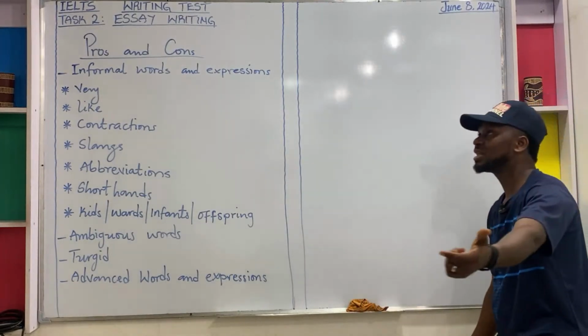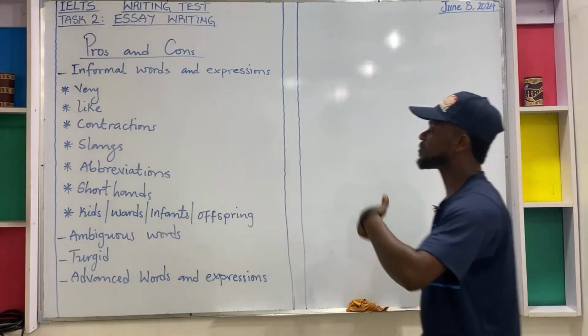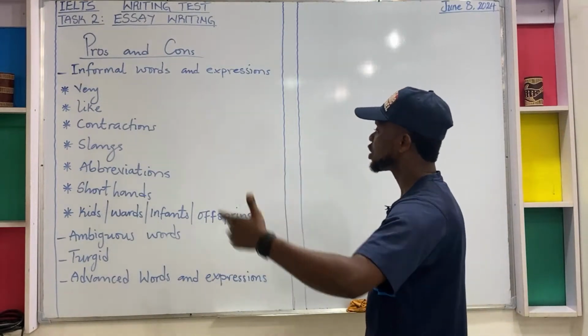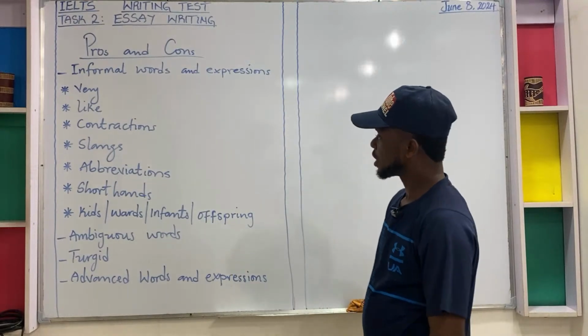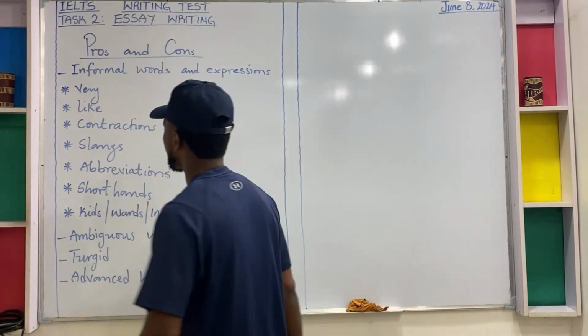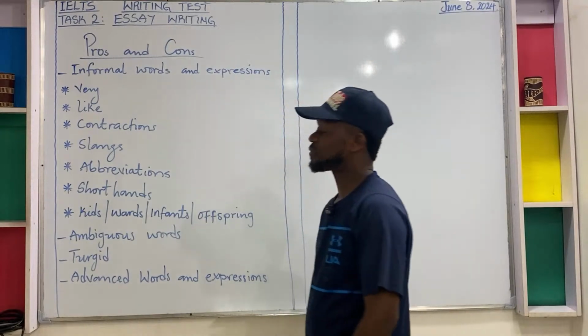In your listening test, you must spell every answer in full. In your reading test, you must spell every answer in full the way it's written in your passage. Now let's go to slangs. You must avoid slangs.